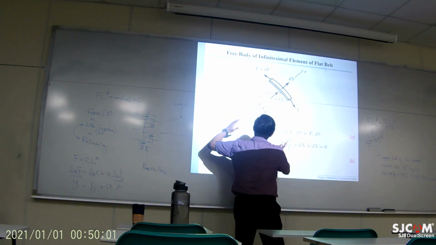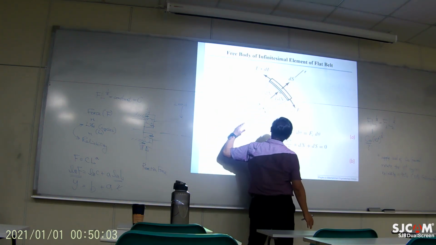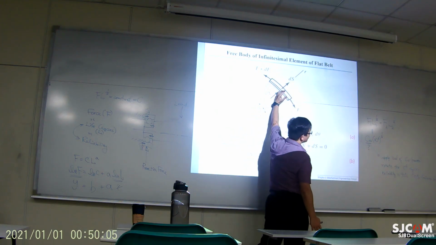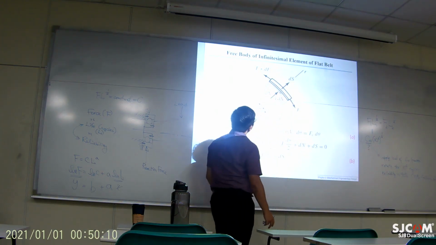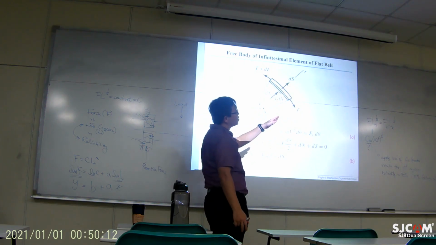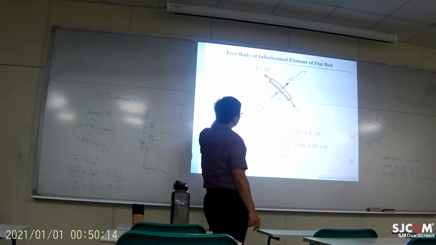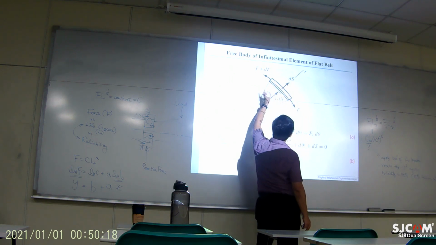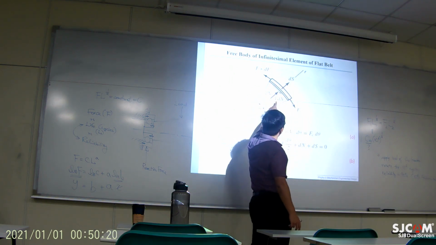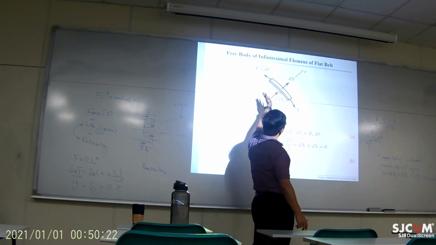So the pulley will have a reaction force pushing the belt outward. So you have a normal force. Because of the normal force, there would be a friction force in between. Depending on which direction your belt is rotating, the friction goes either this way or that way.